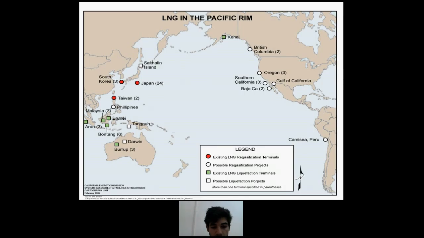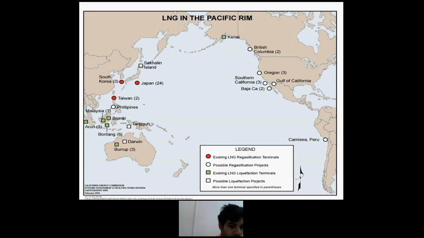The prospects for the future are growing, as we can see, because there are around 6 possible regasification projects underway and 2 possible liquefaction projects, which shows that the future of LNG and the potential and the prospects are growing very fast.